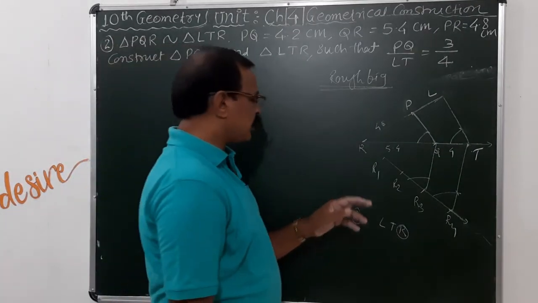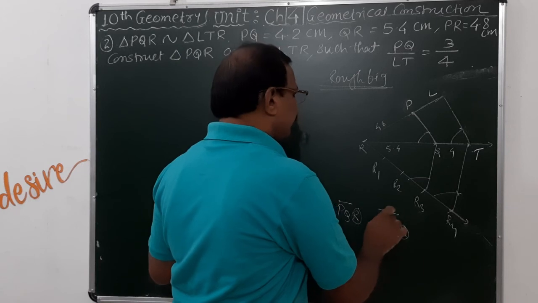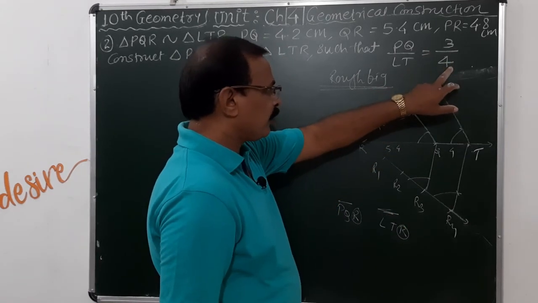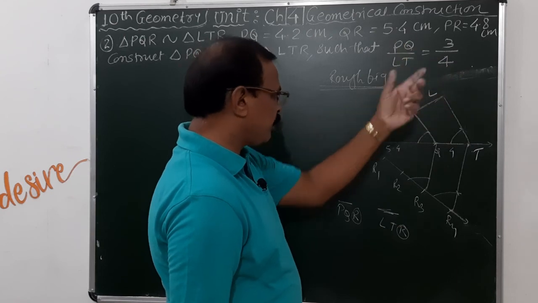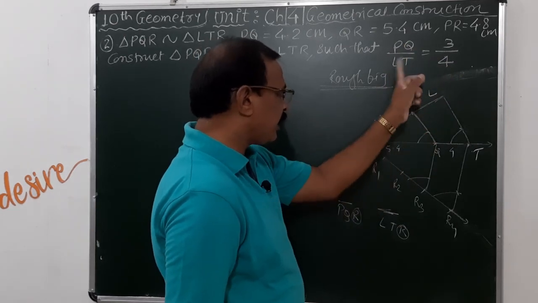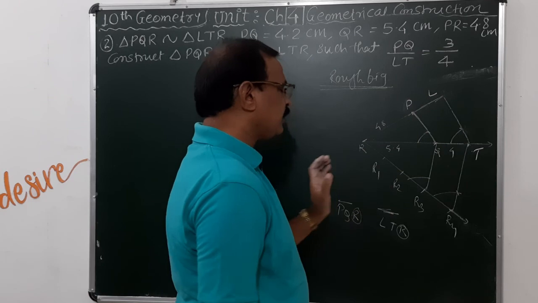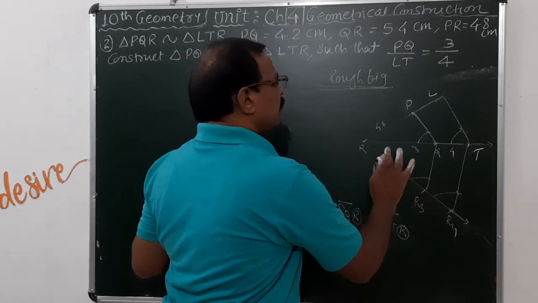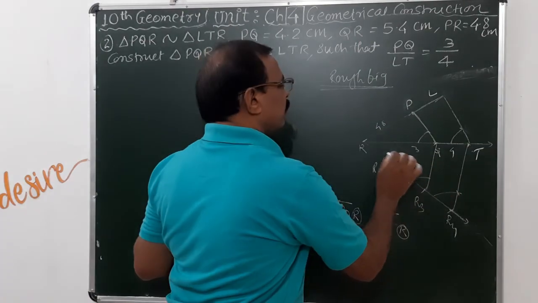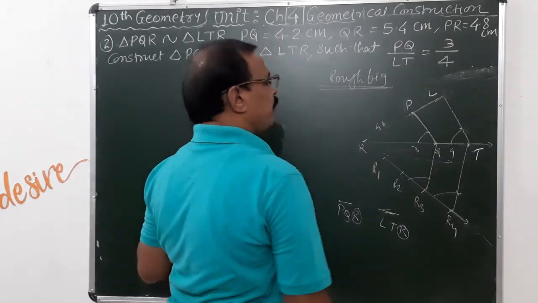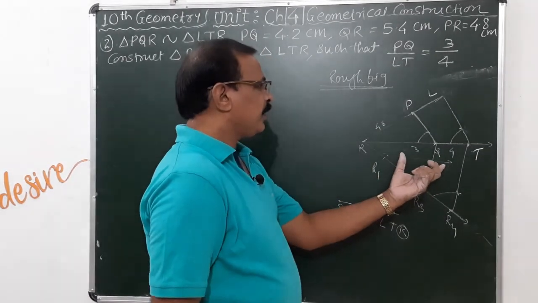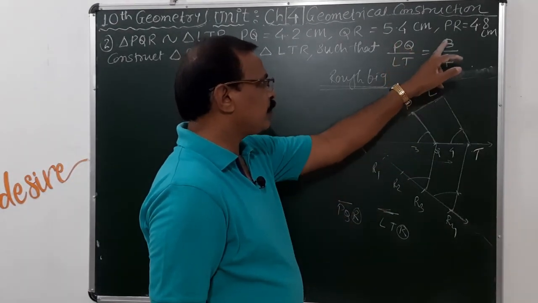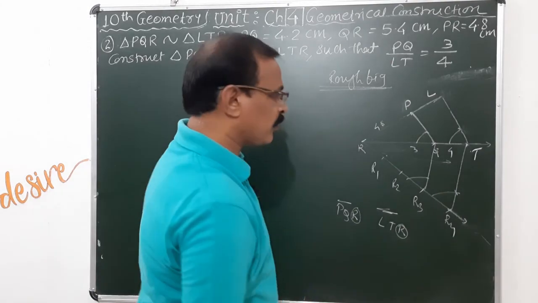The ratio of the corresponding sides PQ and LT is given, that is equal to 3/4. If we consider PQ as 3 parts and LT as 4 parts, this is 1, 2 and 3 parts, and this is the fourth part. So we can write the ratio PQ divided by LT is equal to 3/4.